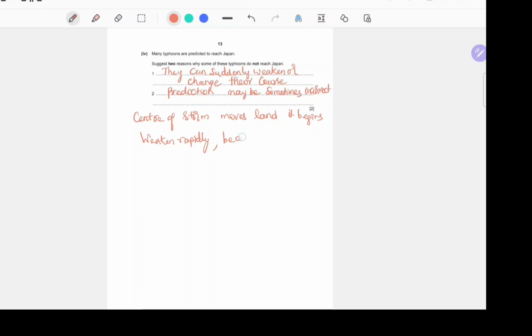Because of this, the storm lacks the energy. The storm lacks the moisture and the heat from the ocean. The moisture and heat provided by the ocean gets cut off, so automatically the storm gets weakened.